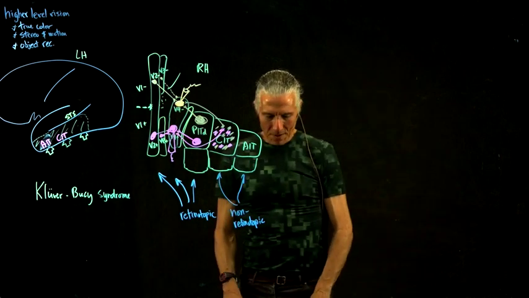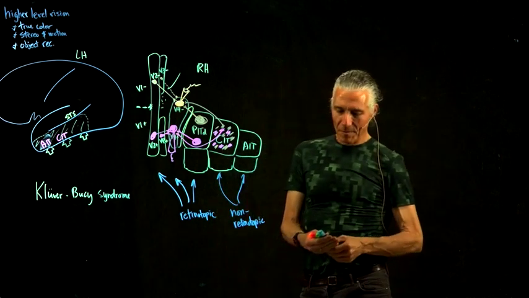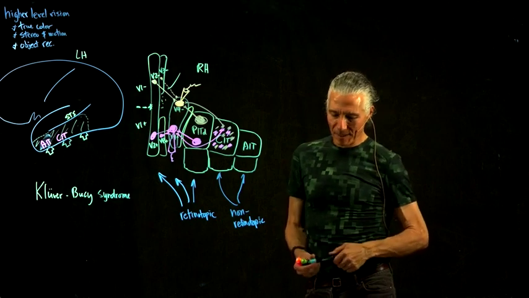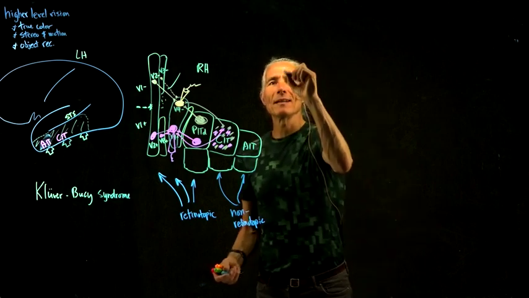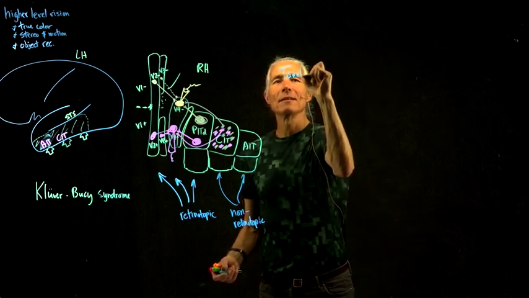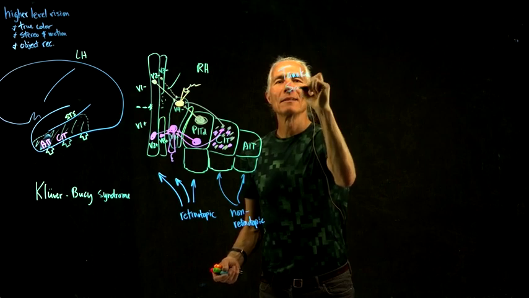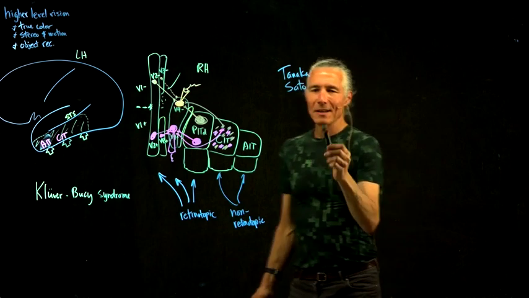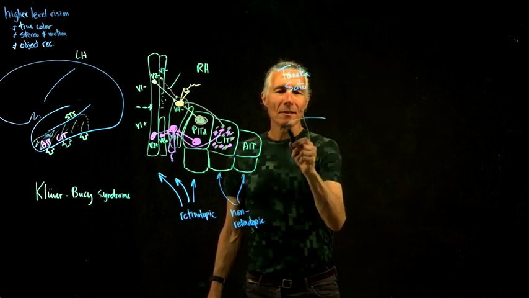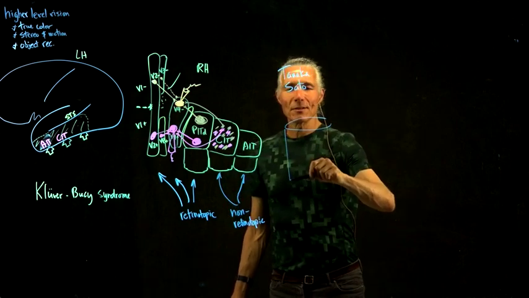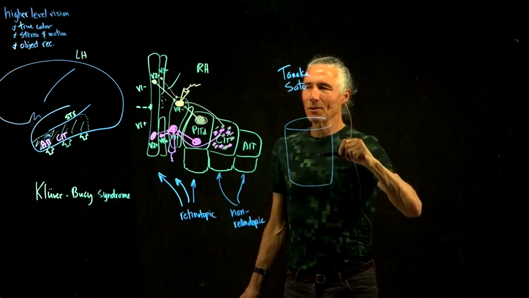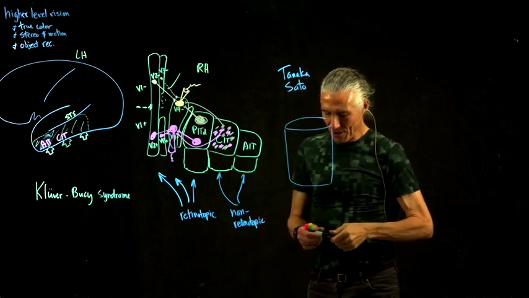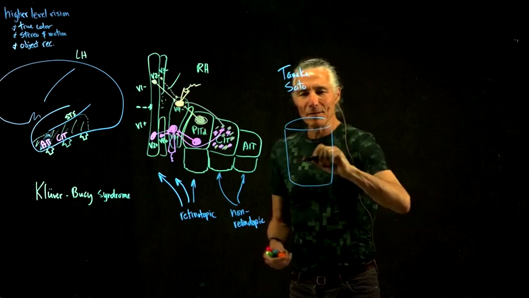Over the years, people did a lot of experiments like this. My favorite one was in Tanaka's lab, Tanaka and Sato's lab, where they went to the toy store and bought about 500 little toys, and then glued them onto sticks.